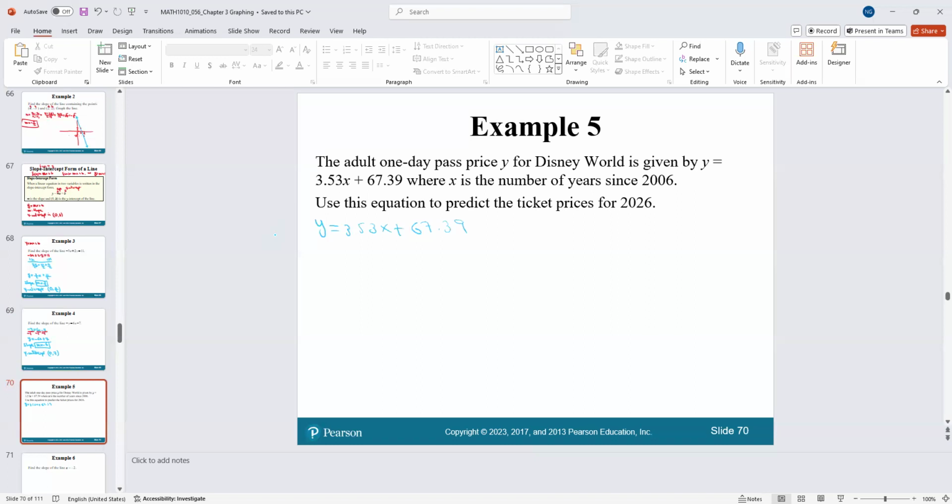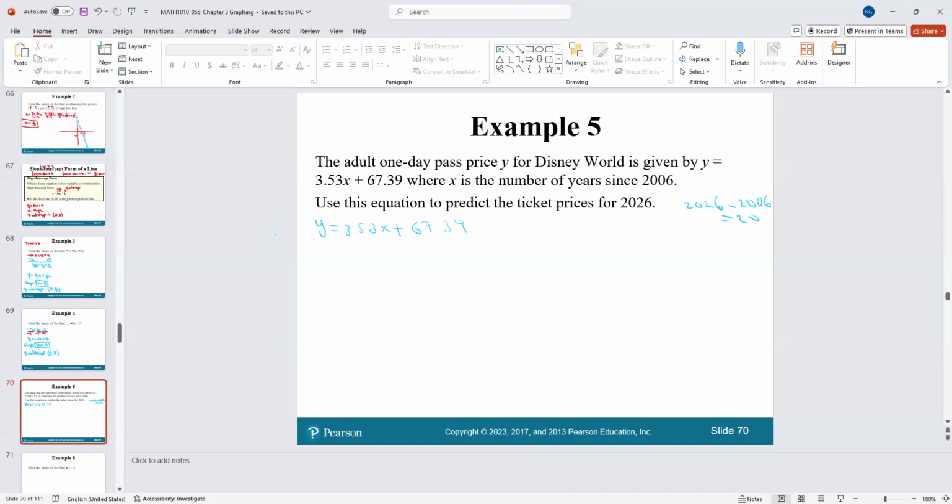If you were asked to use the equation to predict the ticket's price for 2026, you know what X would be: 2026 minus 2006 gives you 20. So we need to look at 20 years.